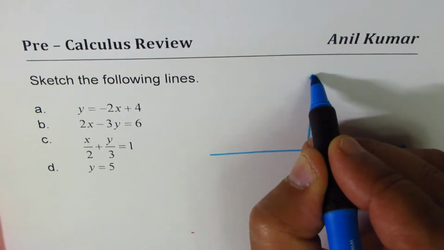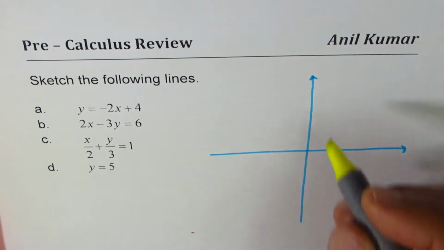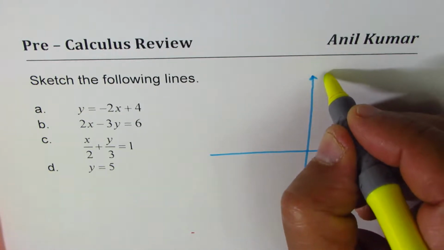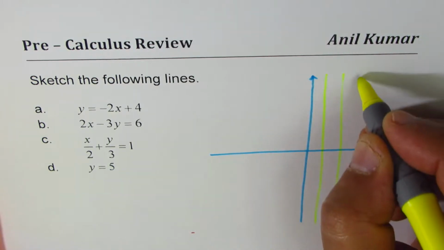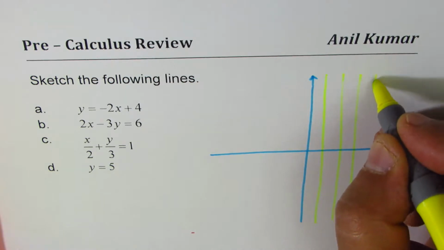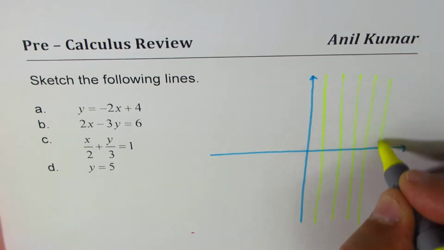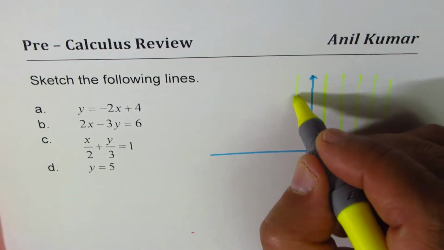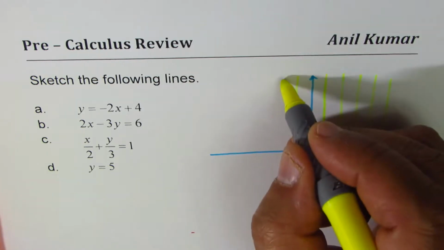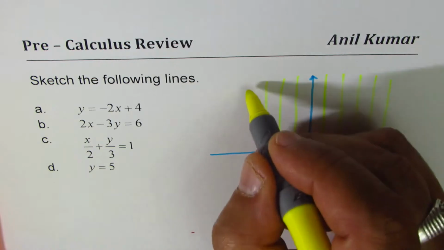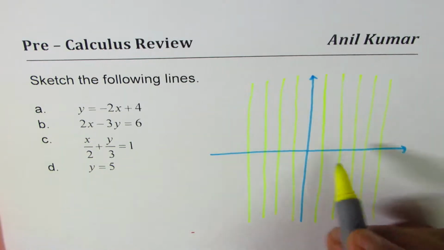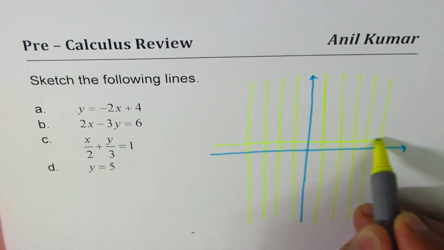So let me just sketch or make a graph paper here. We're just drawing a few lines which will help us to sketch the line, right? So the idea is to understand the concept. Slight inaccuracies in this graph will not really affect our learning.